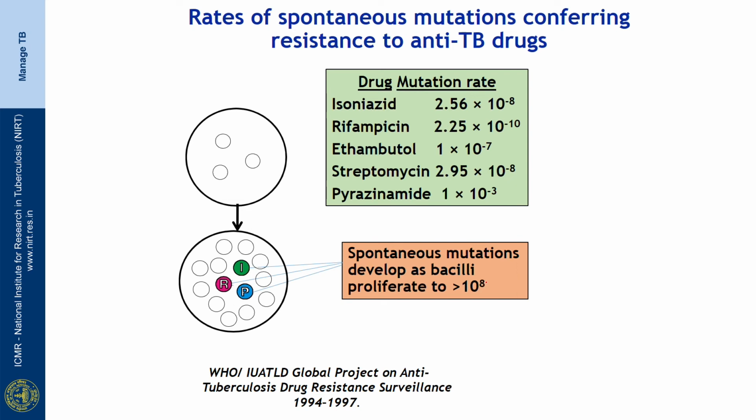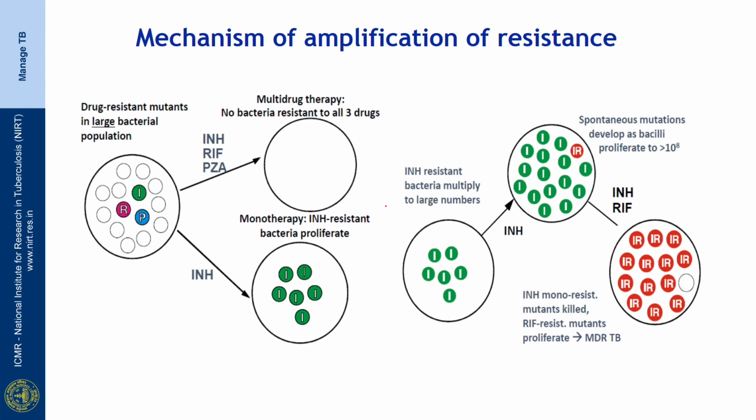If you look at isoniazid, rifampicin, ethambutol, the drug mutation rates are different for different drugs. But as was mentioned earlier, spontaneous mutations develop whenever the bacterial count is very high, more than 10 to the power of 8.